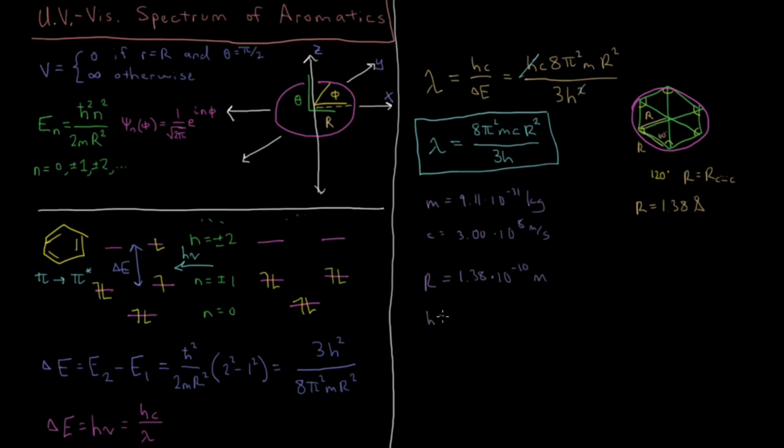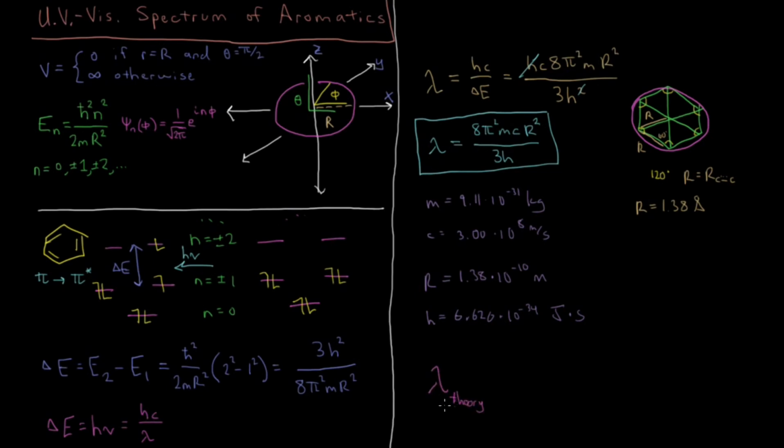And then we have, of course, Planck's constant, 6.626 times 10 to the minus 34th joules times second. So if you work out the units of all this, plug everything in there, you do get a unit of meters, which we can then transform to nanometers, the typical unit we want to work in for these types of things.